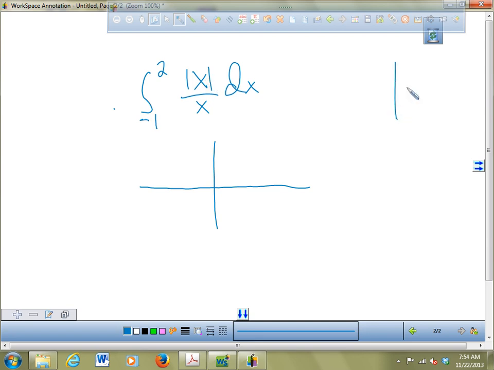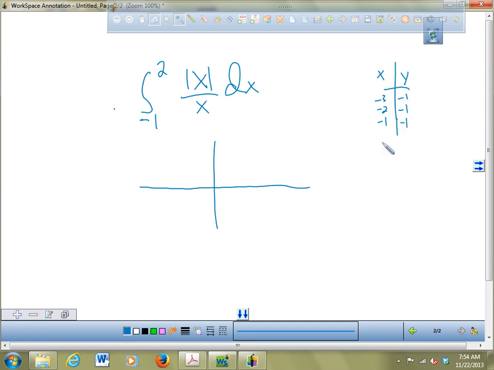So if you make a little table of values, x, y, and I plug in some numbers, like -3, -2, -1. If I plug in a negative number, what do I get if I plug in -3? Not 1, -1, right? So I get -1. If I plug in -2, I also get -1. If I plug in -1, I also get -1.